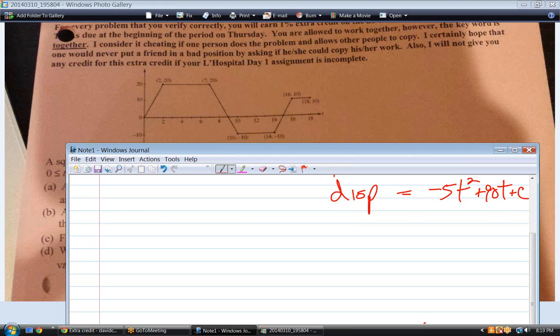So I can solve for c by substituting 9 for t. I know my displacement was 140 at 9 seconds. So let's see what happens here.